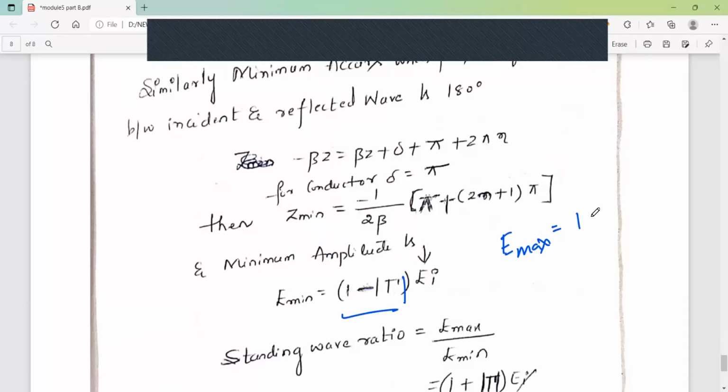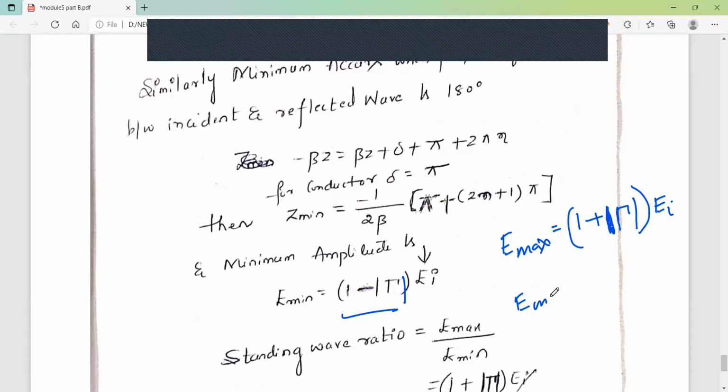So E max, we are going to find as 1 plus the magnitude of the reflection coefficient, times EI. We are taking the magnitude of the reflection coefficient because it is going to be a complex quantity. And E min, we are going to get as 1 minus the magnitude of reflection coefficient gamma, times EI.